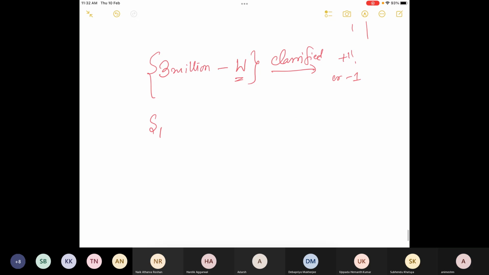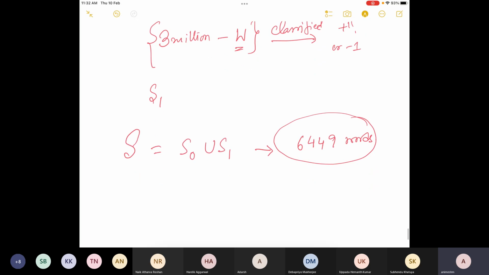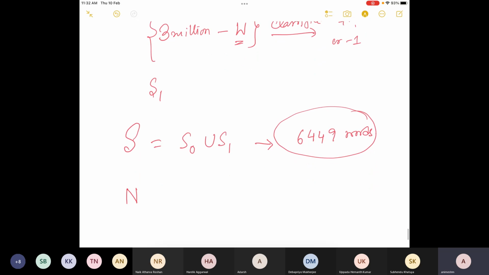Now they build the final set S as S0 union S1. And this actually gives them 6449 words. So now N can be calculated as W minus S. So this is S and N can be calculated.